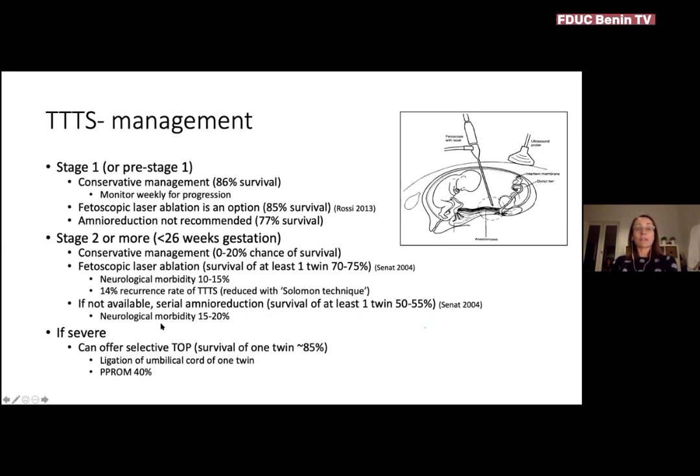And if the condition is very severe, then obviously you could either manage it conservatively, counselling about the risk of double intrauterine death, or you can offer selective termination for one twin, which can lead to survival of the other twin of about 85%. And again, as I explained earlier, that would involve ligation of the umbilical cord of one twin, and does carry a very high risk of rupture of membranes.